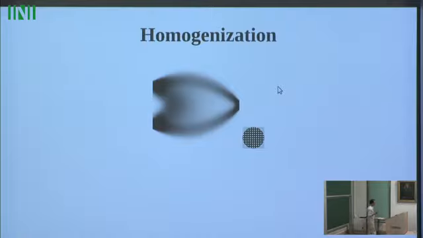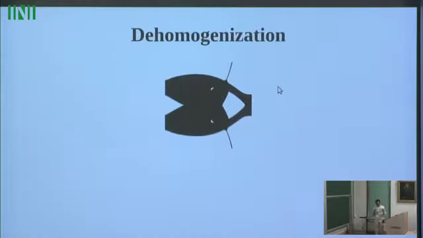In fact, this is really the right way to look at some structural optimization problems, because if you try to find the optimal shape, there is no optimal shape. So the correct problem is not to find the optimal shape, but to find a sequence of shapes that converges towards the optimal.